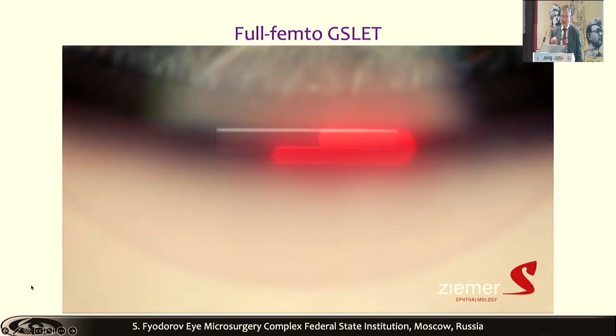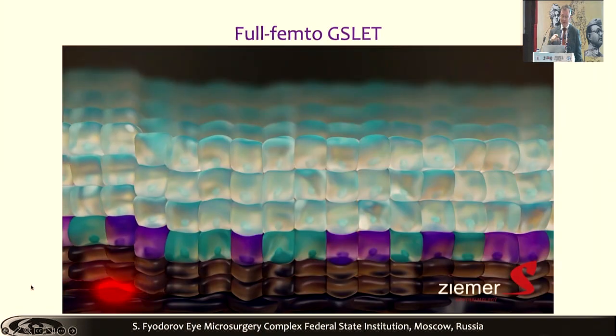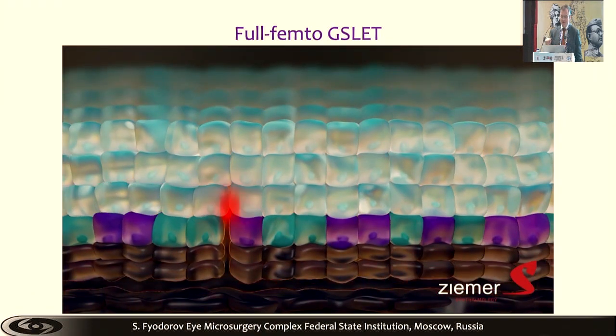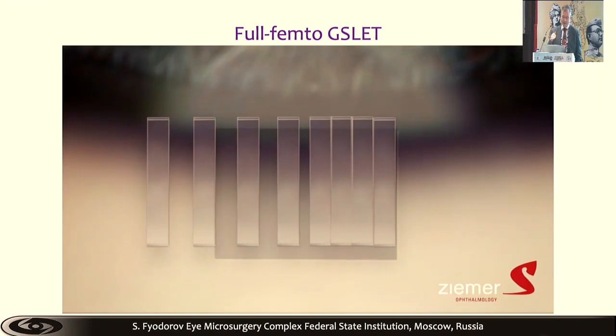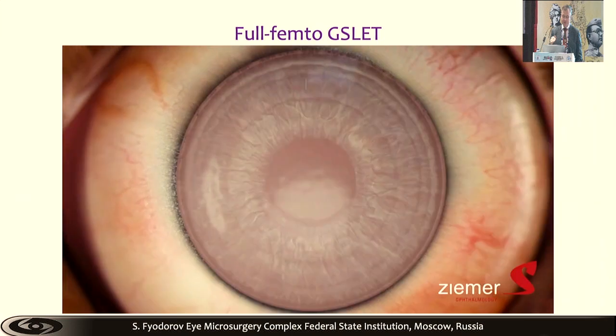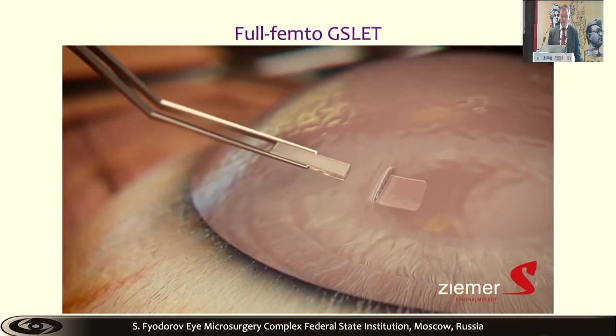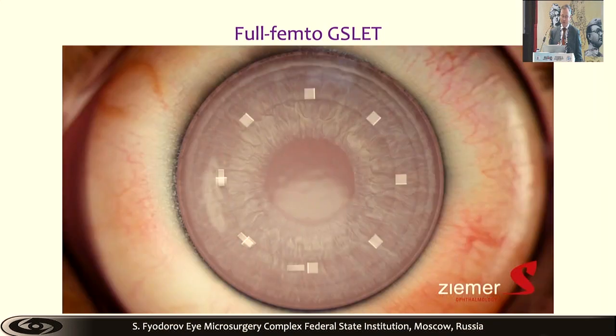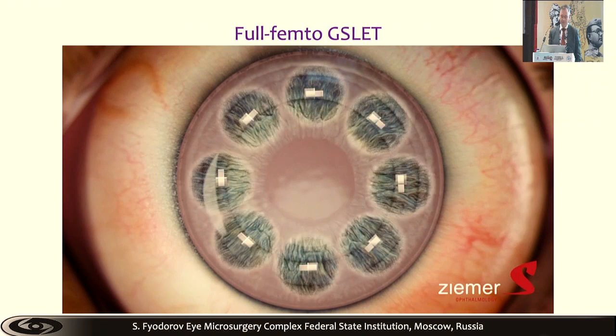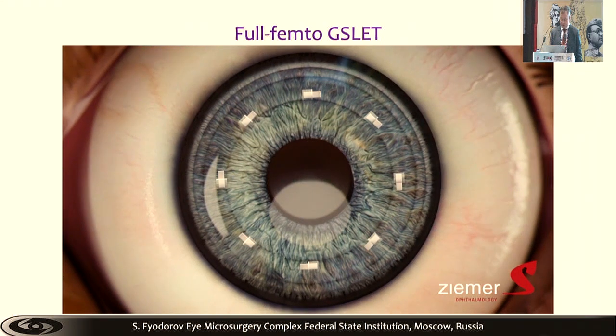fragments with the laser. So this is a schematic representation of how the laser works, and this is the other software that helps to create these limbal fragments. And again, this is an animation showing what was already shown, how these limbal fragments are implanted into the corneal tunnels.